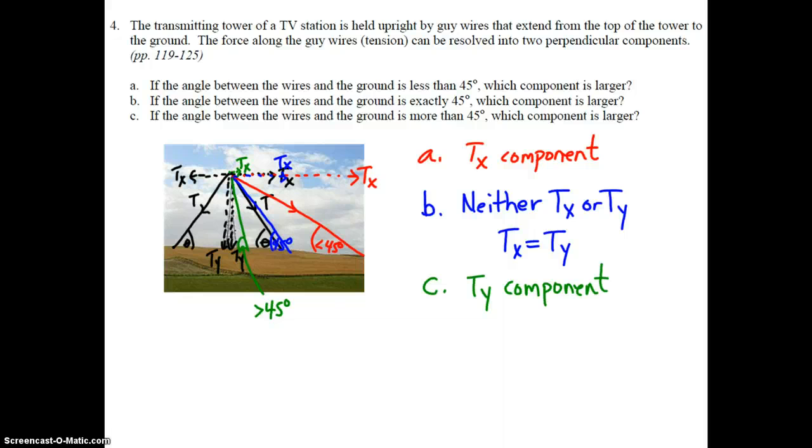You could have done all of this analysis by comparing Tx equals T cosine theta and Ty equals T sine theta as given on the reference table, with the Ax equals A cosine theta and Ay equals A sine theta formulas that are on there and just replacing the A with a T. You could have analyzed each situation here, A, B, and C, mathematically, substituting in random values for theta, and just use a standard value for the tension, say 100 would make it easy.